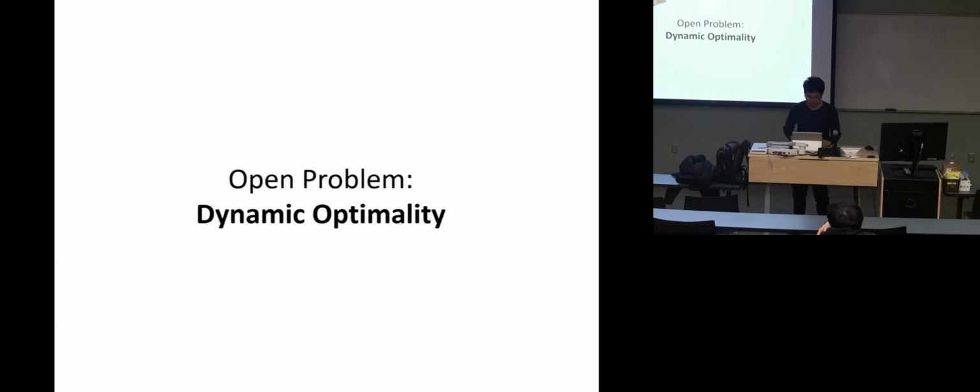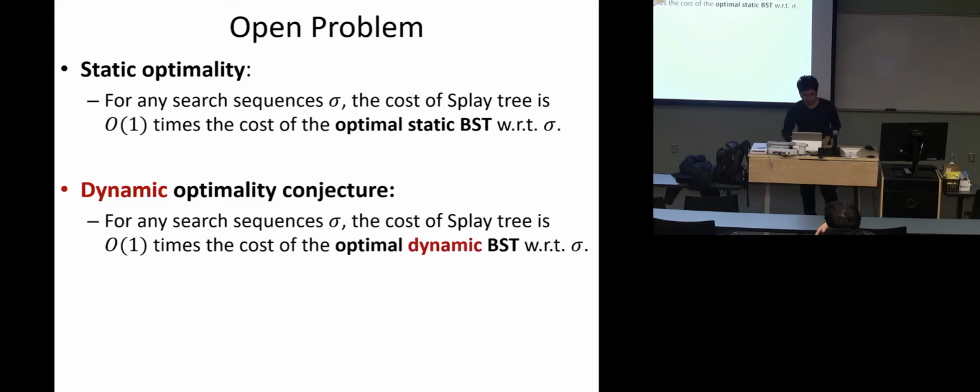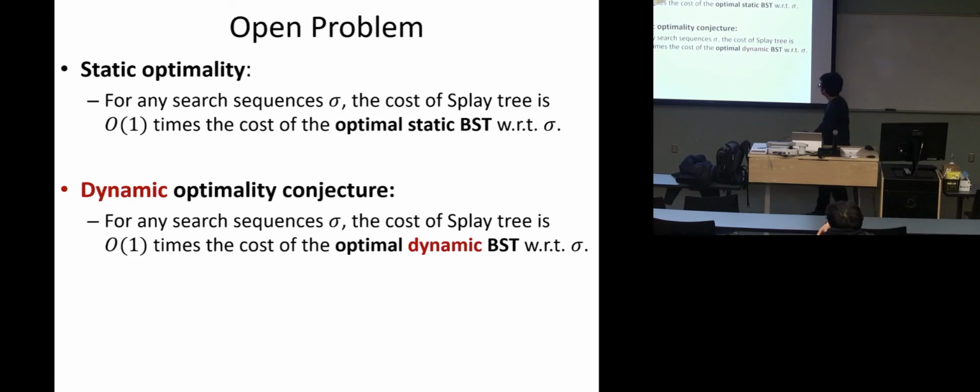So now there is a very important open problem called dynamic optimality that I want to mention to you very quickly. You see that Splay is as good as any optimal static BST. Then the conjecture is that Splay is also as good as any optimal dynamic BST. What do I mean by that?